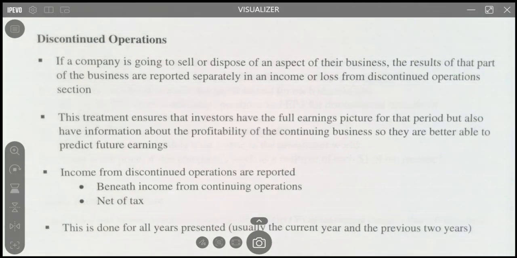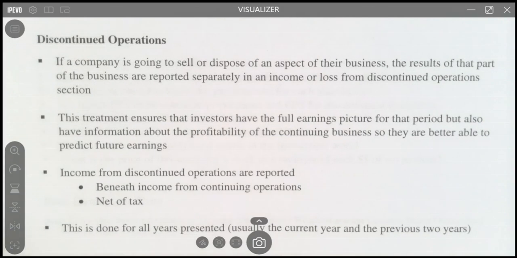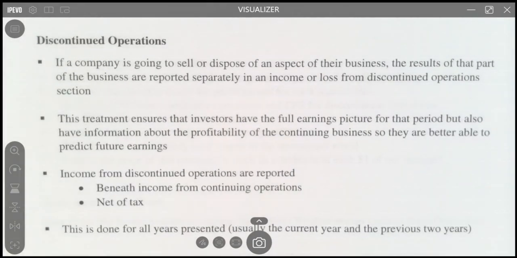Okay, so discontinued operations. If a company is going to sell or dispose of an aspect of their business, the results of that part of the business are going to be broken out and reported separately as an income or loss from discontinued operations section at the bottom of the income statement.